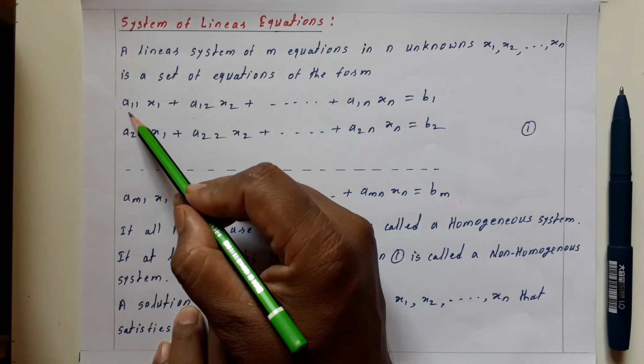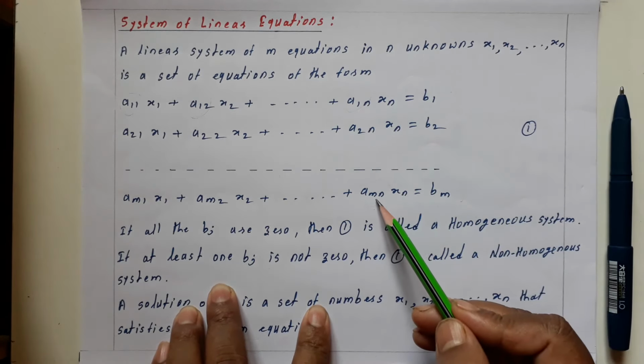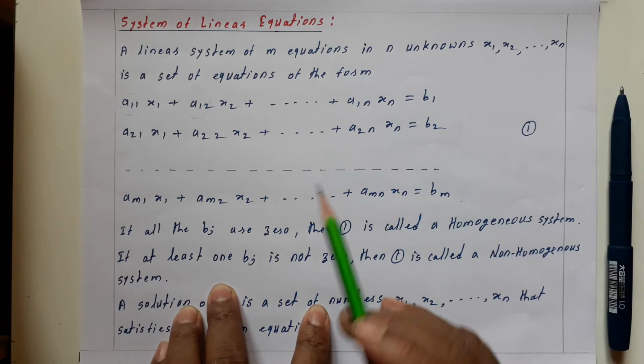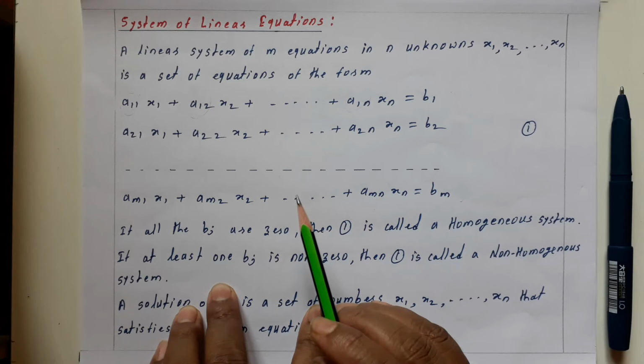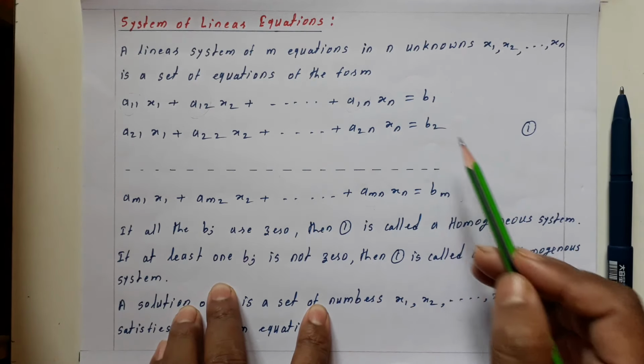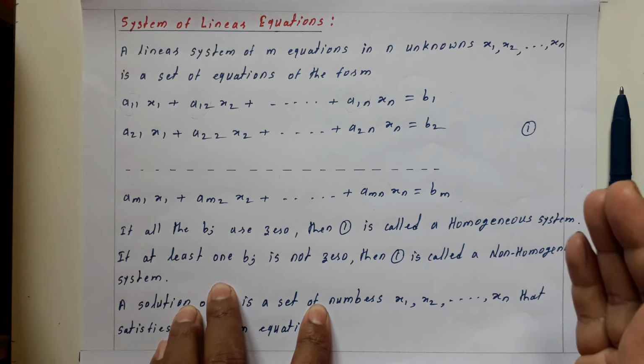Here a11, a12 up to amn are the given numbers and are called the coefficients of the system. Also b1, b2 up to bm are the given constants.